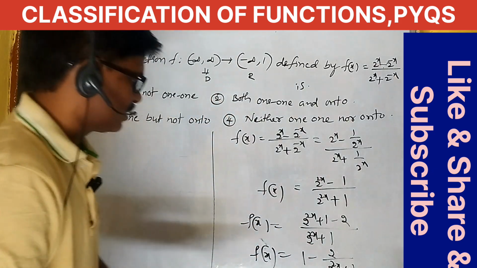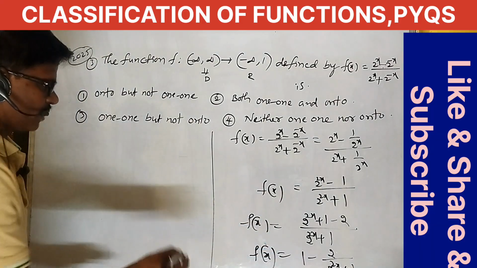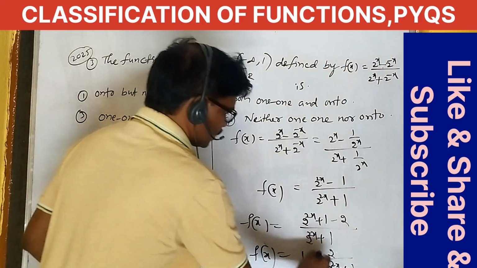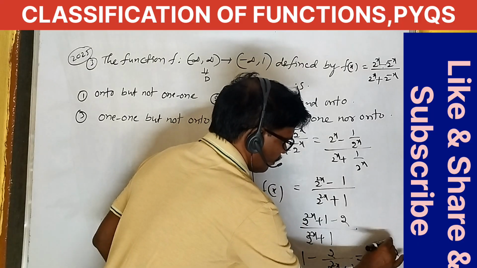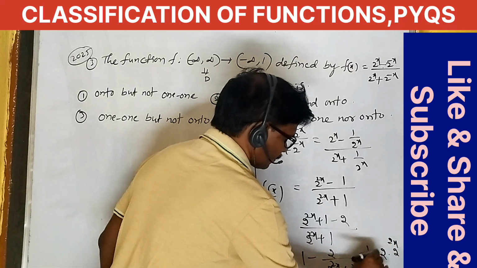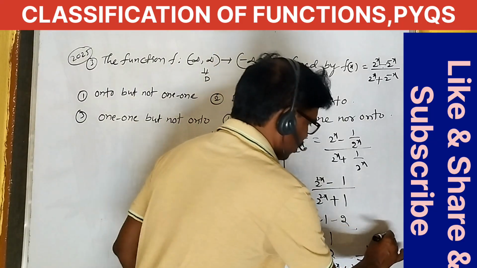Now take the derivative of f of x. It can be written as 1 minus 2 into (2 power 2x plus 1) whole power minus 1.